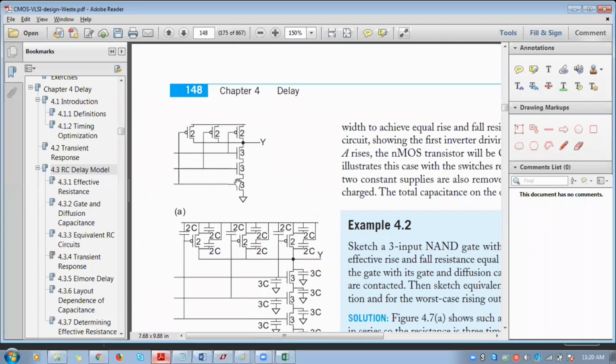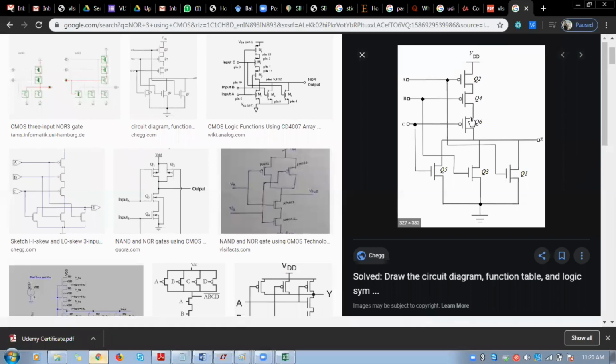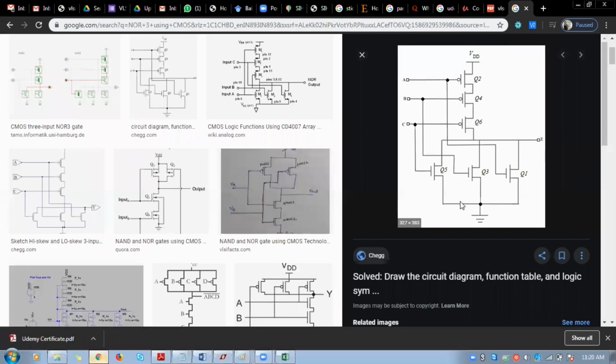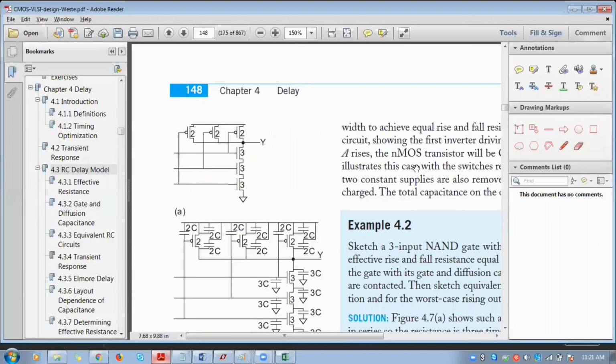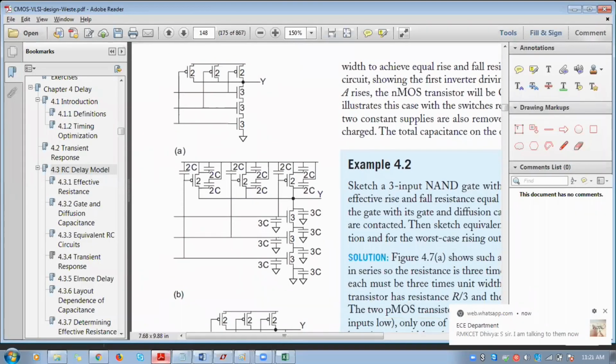So the input capacitance of the entire network will be 5C. 5C will be the input capacitance of this NAND. While considering NOR3, you will have 6 plus 1, 7. So we consider only a single input for calculating the input capacitance. You should not forget that, otherwise you will be in confusion.